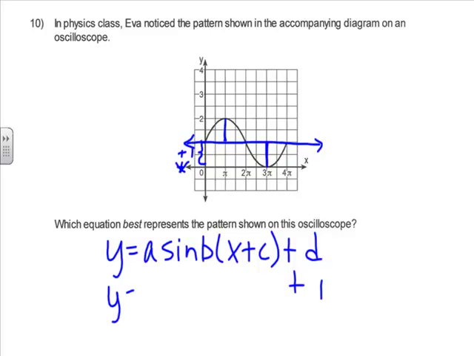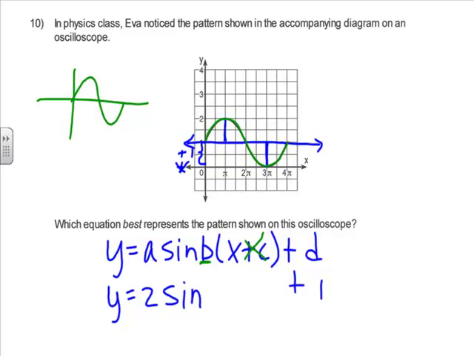So y is equal to 2 sine. Now, I need to figure out my b, but before I do that, I want to talk about whether there is a phase shift. I'm always rooting for there not to be, and in this case, there isn't, because the sine is just doing its thing. Remember, our home base sine is one of these. So I don't have to worry about a c, I just need to figure out what b is.